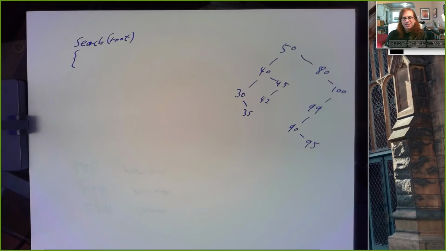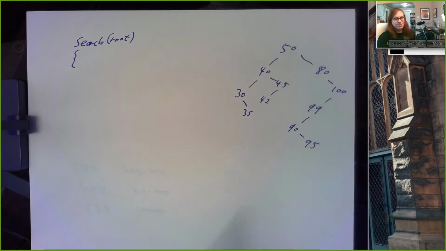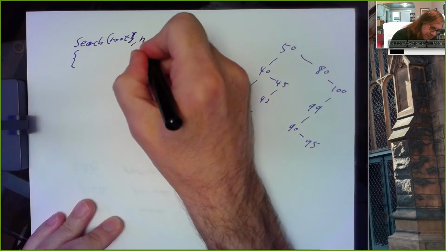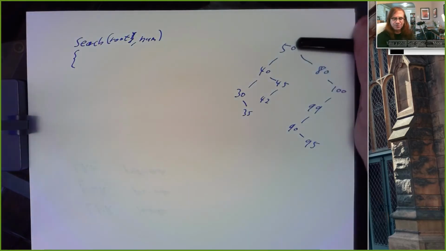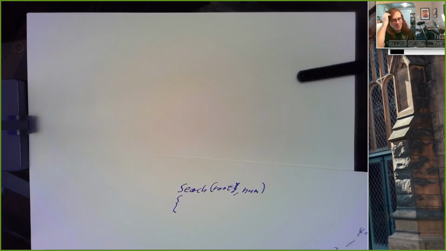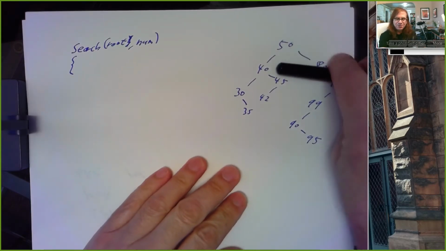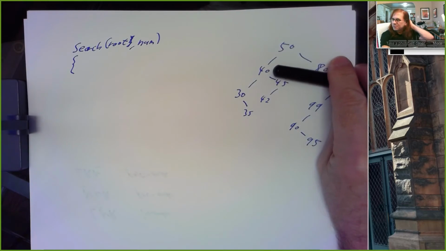We talked about how to do this iteratively. We have a temporary node pointer that we initialize to the root, and whatever number we're searching for, let's call it num. We compare num to the root. If num is smaller, then we change our temporary pointer to be the root of the left subtree, and we go back to the top of our loop.